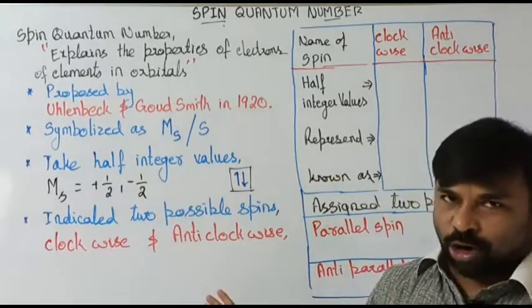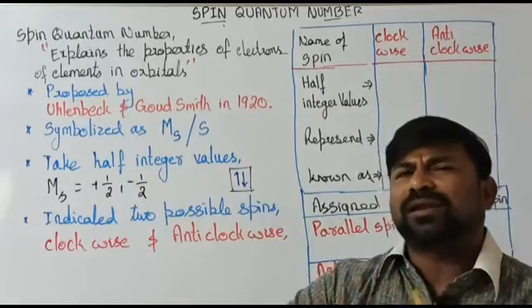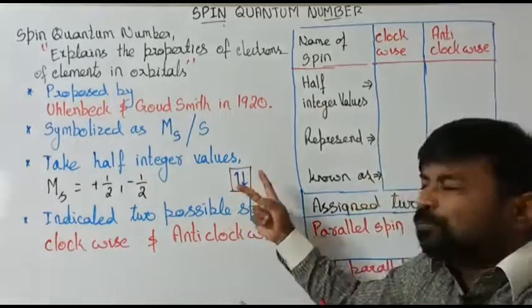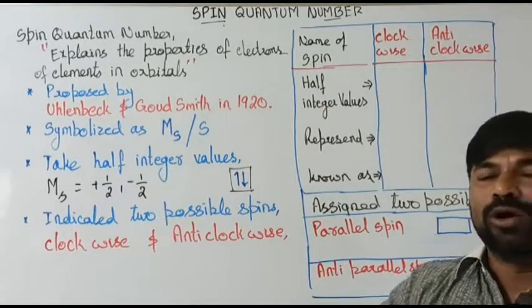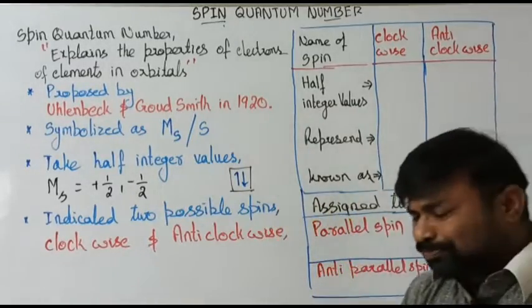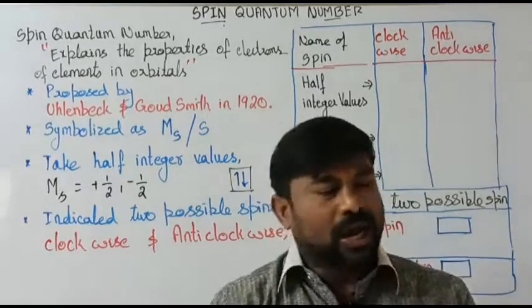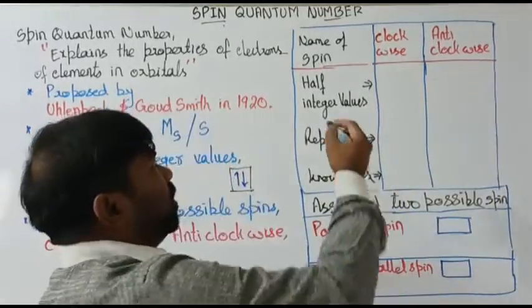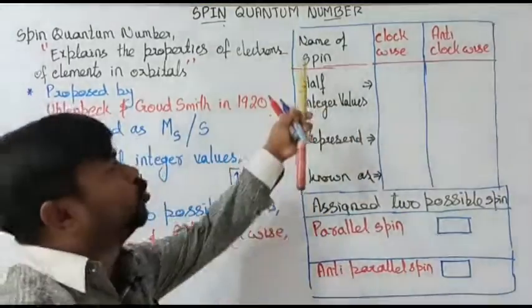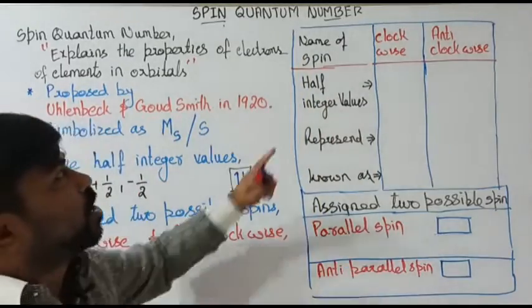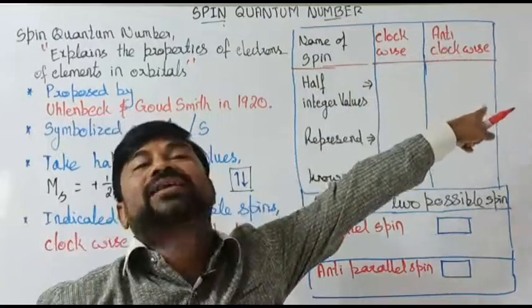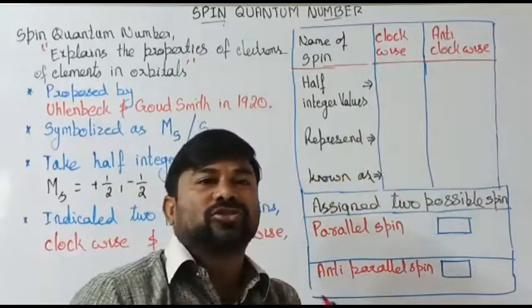Now let's go a little deeper into the spin, how they are indicated, and what values are given. Now, what are the 2 spins we have introduced? It's nothing but the clockwise direction and the anti-clockwise direction. These are the 2 directions we are given.